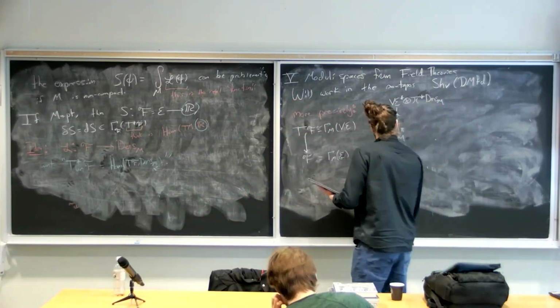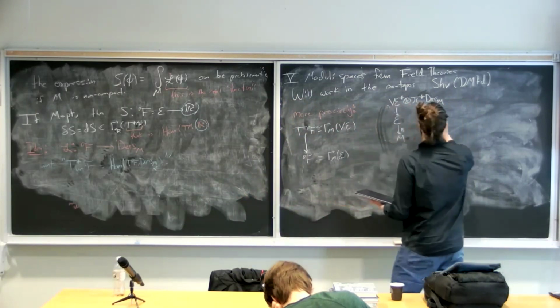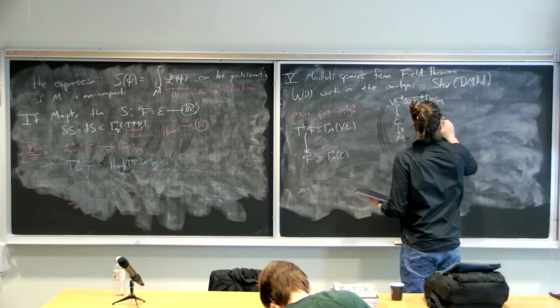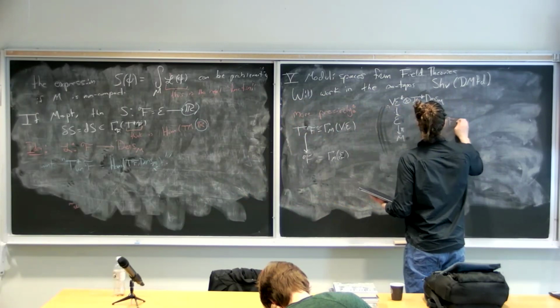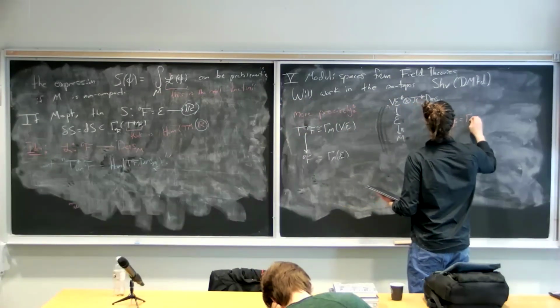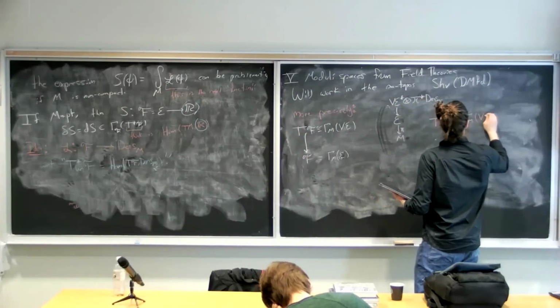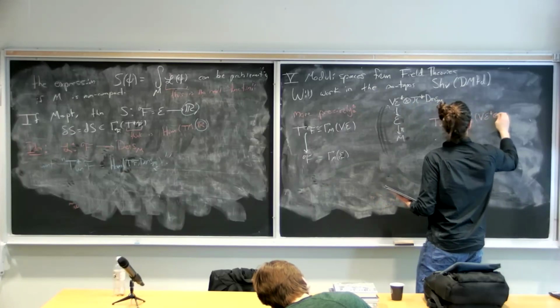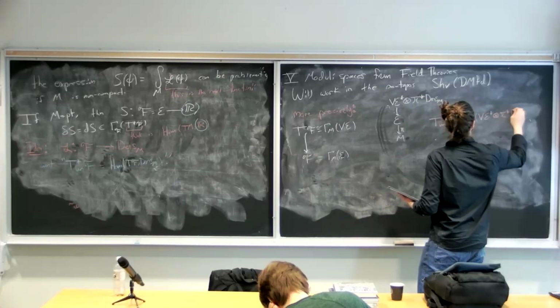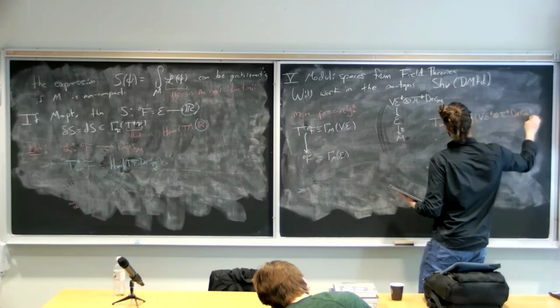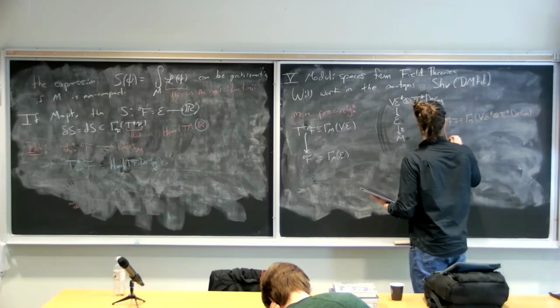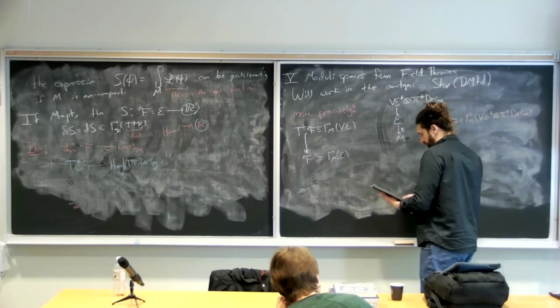So we define T star var of F to be sections over M of VE dual tensor pi star of densities over M, which maps down to F.